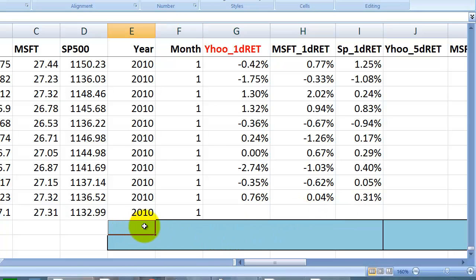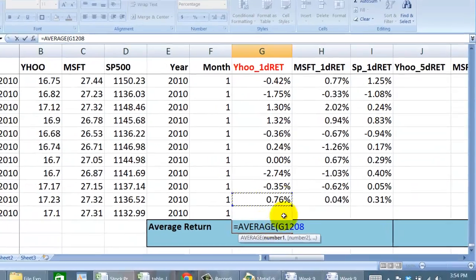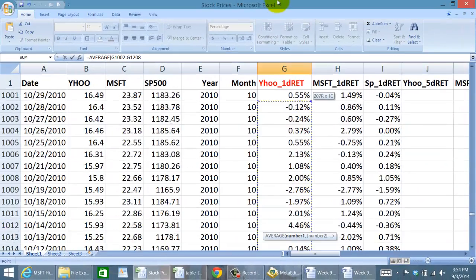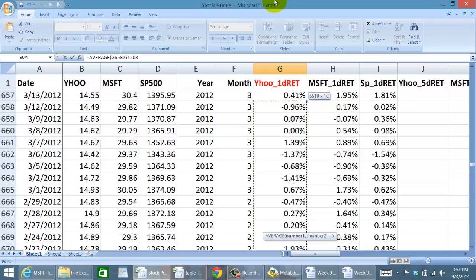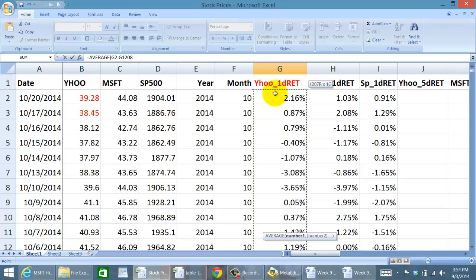Now the average return. We calculate the average daily return for Yahoo over the course of almost 4 years, 2010 to 2014. So equals AVERAGE. Select it all, hover and drag it all the way to the beginning, excluding the very first one.